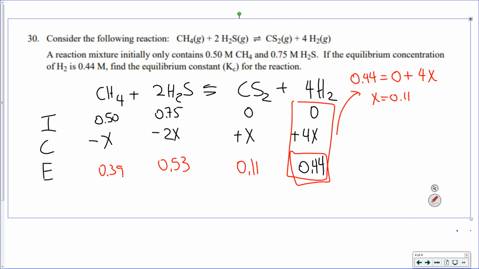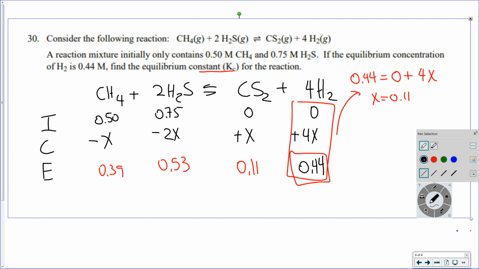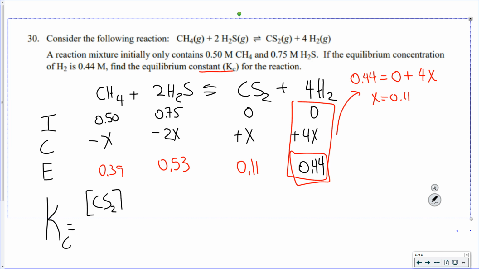The question asks, what is the equilibrium constant K sub C? Now that we know the concentrations, we can plug them into the K sub C expression, which is products over reactants. The products are CS2 times the concentration of H2, divided by the concentration of CH4, divided by the concentration of H2S.